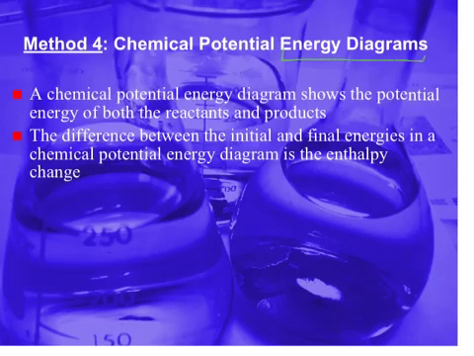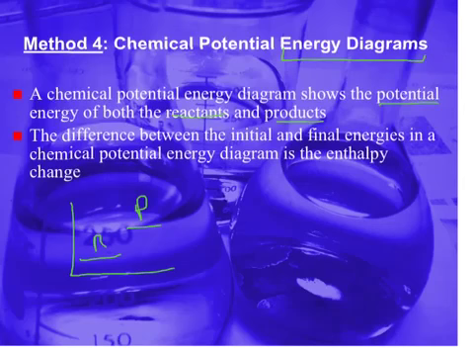The potential energy diagram shows the potential energy, so the energy within the bonds, not due to the molecule's motion, between the reactants and the products. So if we have an endothermic reaction, the products have a greater energy than the reactants. An example would be this type of potential energy diagram.